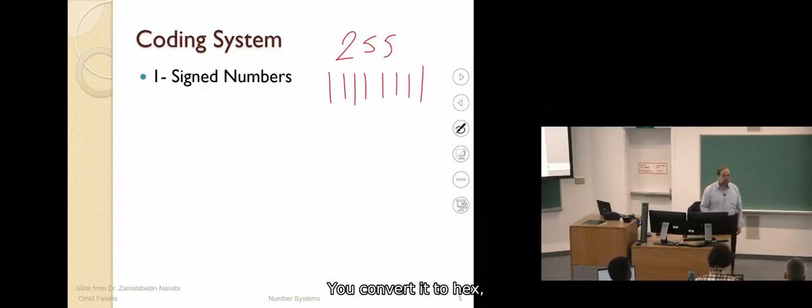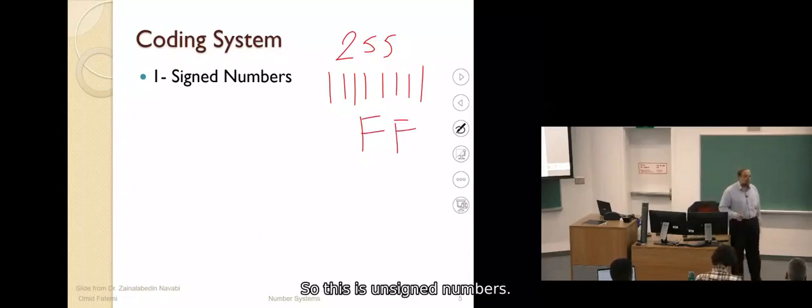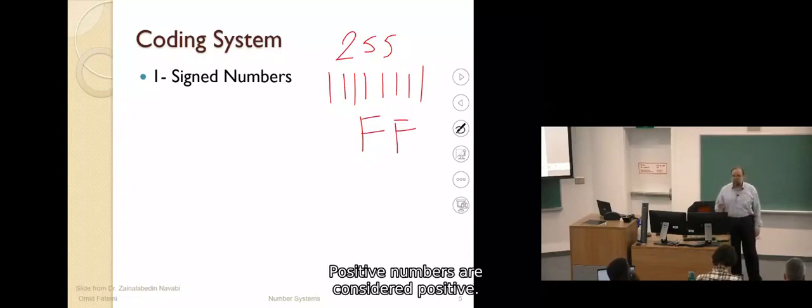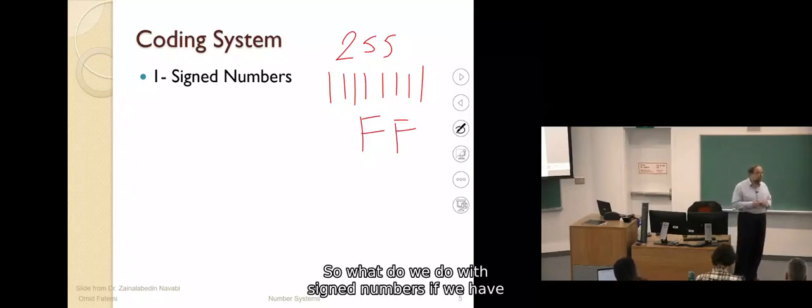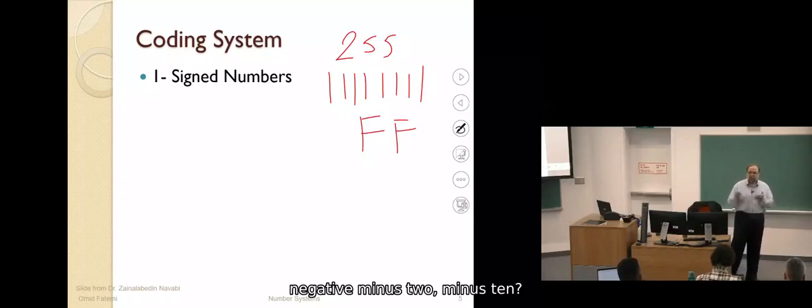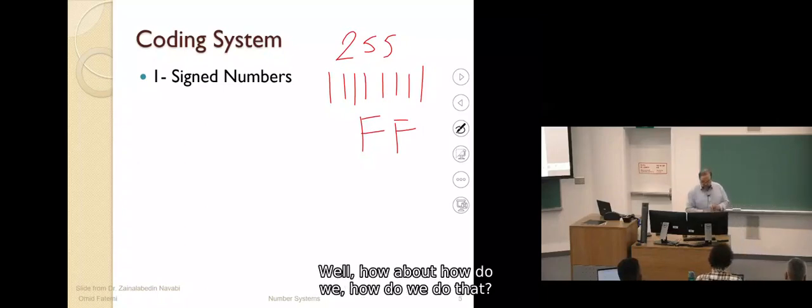You convert it to hex, which would be FF, and so on. So these are unsigned numbers, positive numbers, all considered positive. So what do we do with signed numbers? If we have negative, -2, -10, how do we do that?